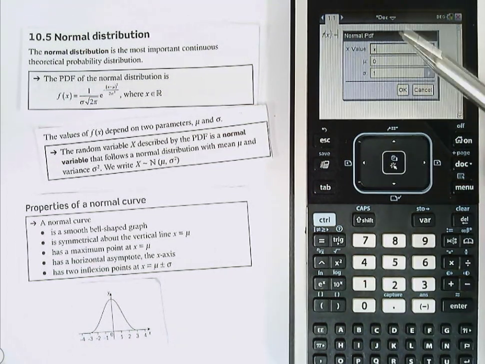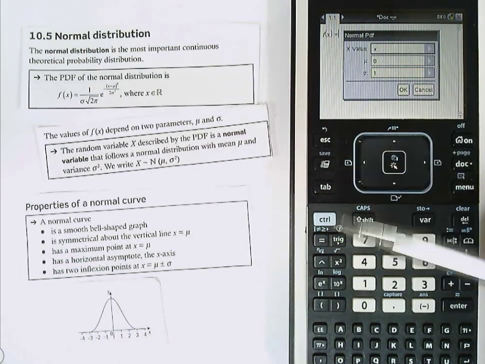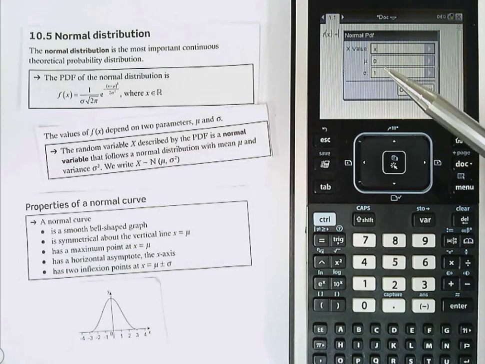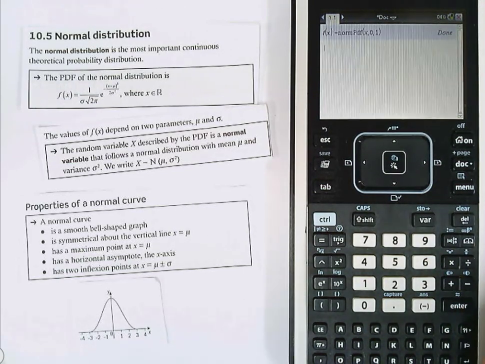Here your mean is 0, so that's where you're centered, right on the y-axis where x equals 0, and a standard deviation of 1. This is also called the standard normal distribution, with mean 0 and standard deviation 1. So I'll go there, and now I've defined it.